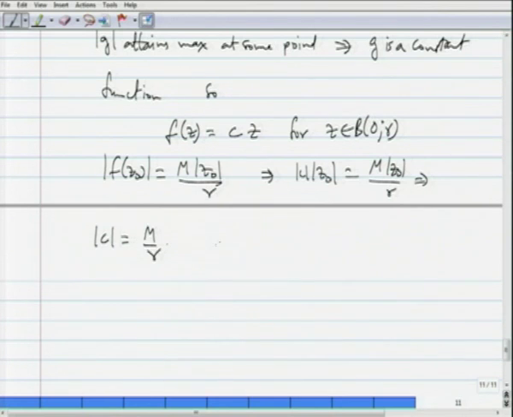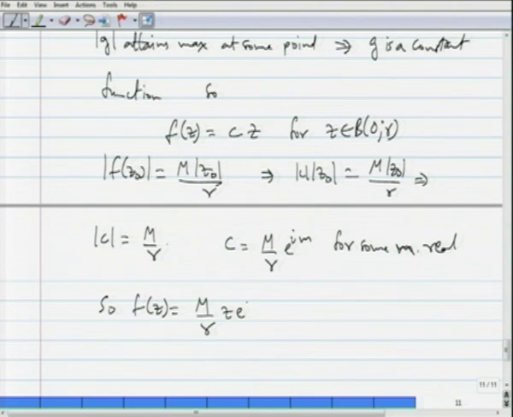So, C looks like M by r e power i m for some m real. So, f of z then is equal to M by r z e power i m as claimed. So, that completes the proof of this lemma.